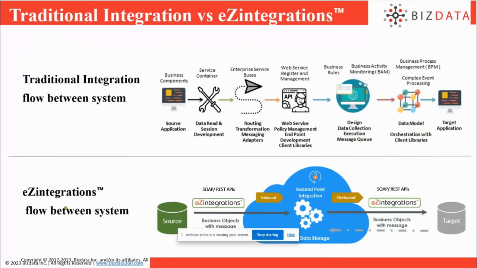So looking at traditional integrations, this slide on the top gives you an idea of how things have been done in the past. With traditional methods, you would need to source the application through business components, read the data through a service container, route the messaging components and adapters through an ESB, manage the policies and endpoints through a web service, and design and collect the data models through an event process.